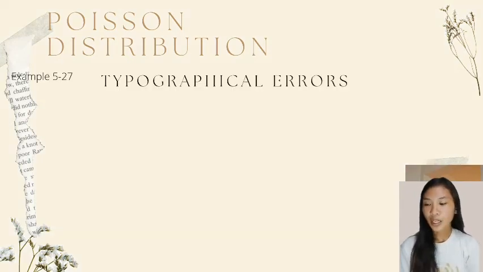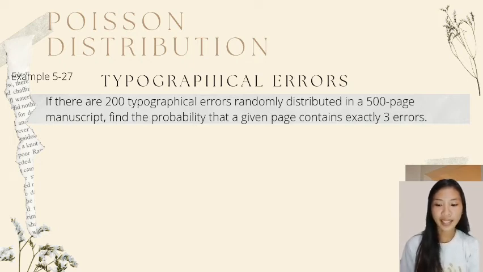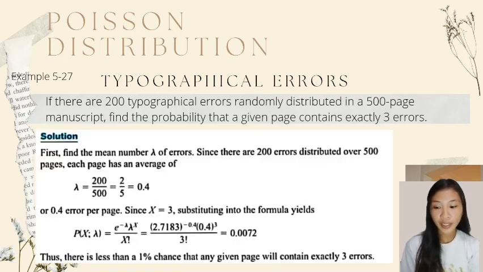An example of the Poisson distribution is the typographical errors. If there are 200 typographical errors randomly distributed in a 500-page manuscript, find the probability that a given page contains exactly 3 errors. To solve this one, first find the mean number lambda of errors.